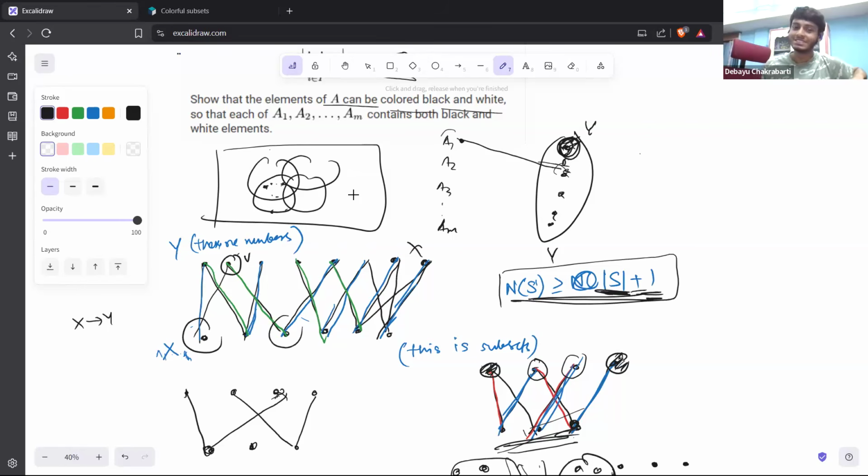What do you do next? What if we just remove one of the edges?